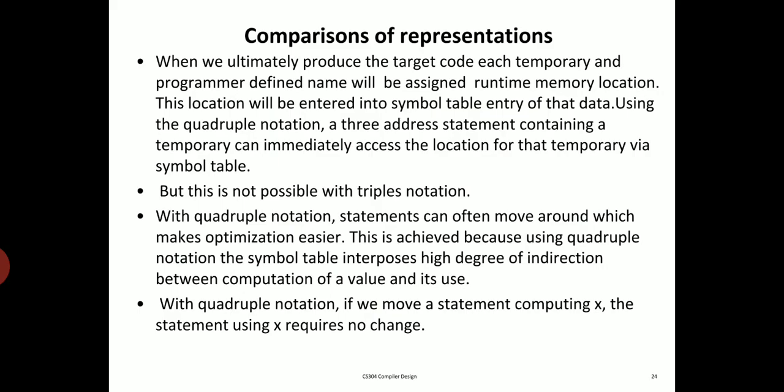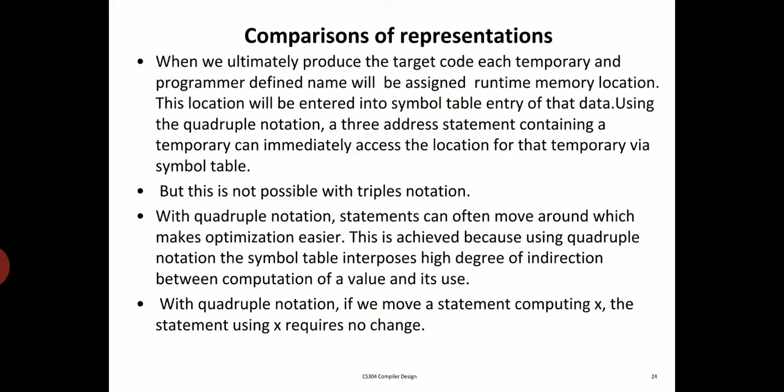In that particular situation, if you are using a quadruple, it will not cause any change to the table structure of the quadruple, because the result will be stored in temporary variables that will not be changed. This is achieved because using quadruple notation, the symbol table imposes a higher degree of interaction between computation of a value and its use. That means the value is computed and stored in a temporary variable. It is highly interacted.